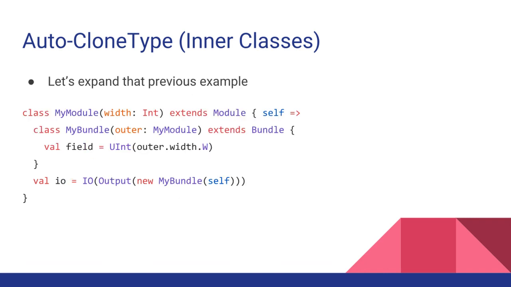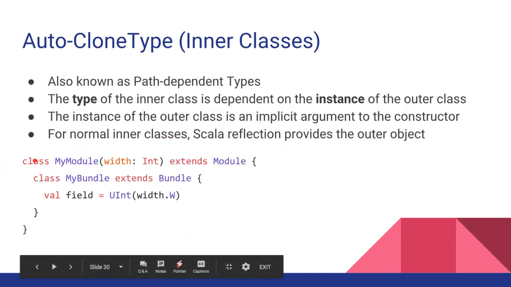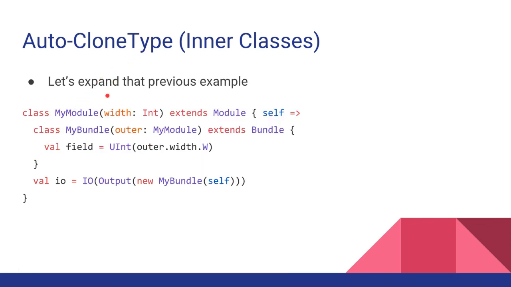Oh yeah, I did a lot of explaining, but I actually gave code here. So this previous code here, this is what you actually write in Scala, but what Scala does under the hood is it generates something that looks kind of like this. This here is called the self type. It's a way of getting a reference to an object. It's the same thing as writing this, if that makes sense.